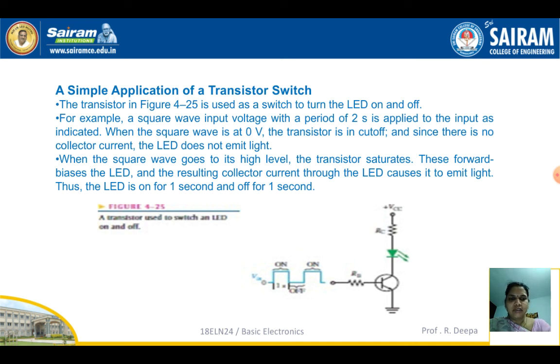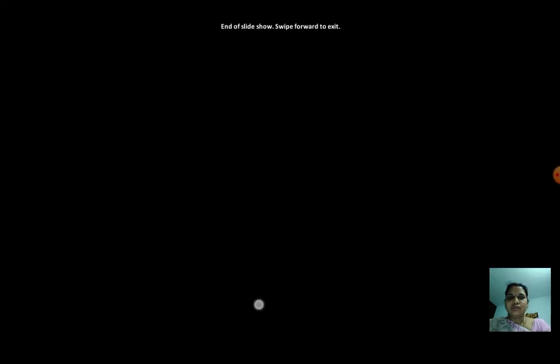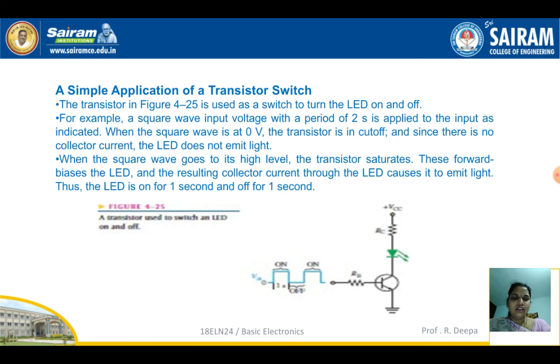So this base current will be enough to make the transistor work in saturation mode. So thereby we can see the flow of charge carriers across the collector current. So the collector current which is flowing across the collector terminal will make the LED glow. So during the square wave, when it is in high level, that is 1, the LED will glow.